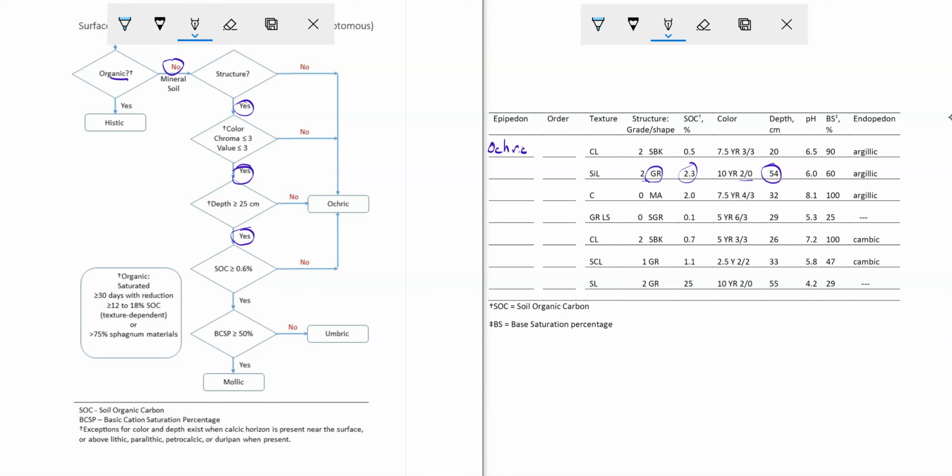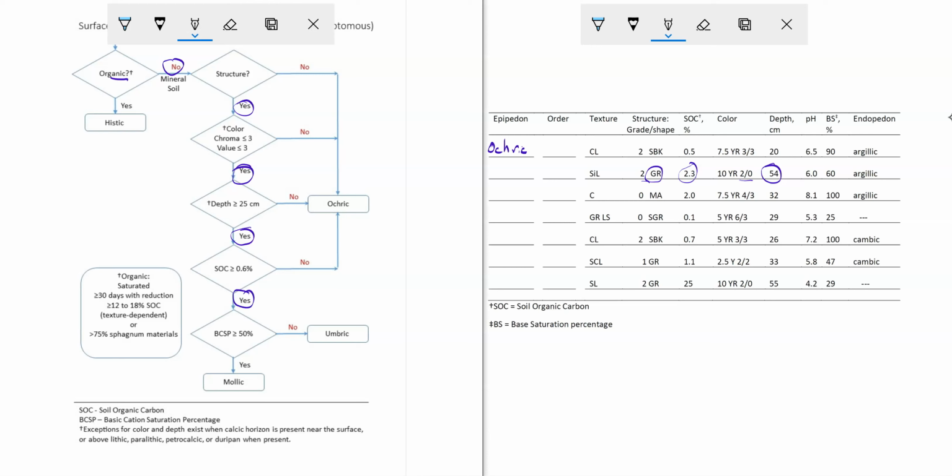What's the next question? Does it have more than 0.6% soil organic carbon? Where was soil organic carbon? Oh, here we go. Soil organic carbon is 2.3%. That's more than 0.6, so yes is the answer to that question.